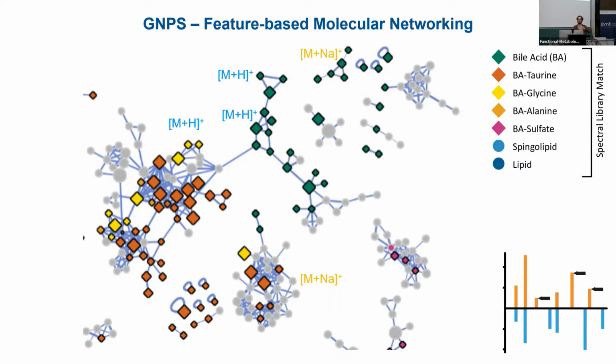That's what many people know. M plus H, the protonated version, usually fragments way better and has way more signals than M plus sodium or M plus potassium.